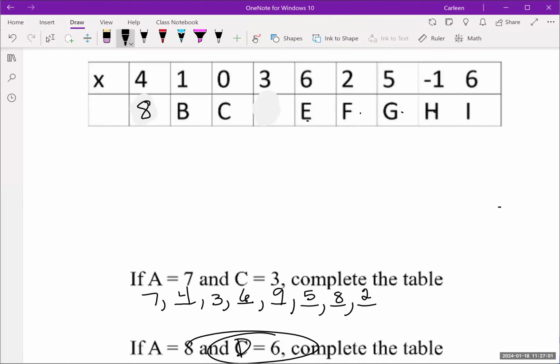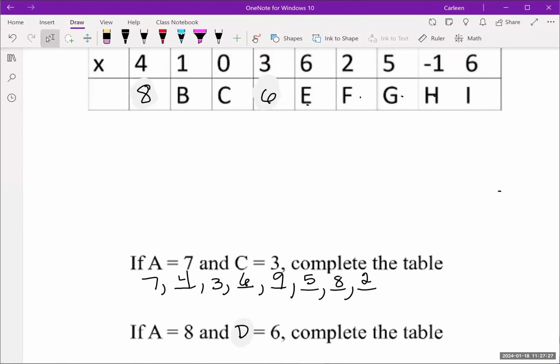That's a D. Yikes. All these years, I always say I'm going to change it and then I forget. I swear I'm going to change it today for next year. Okay. A is 8, D is 6.